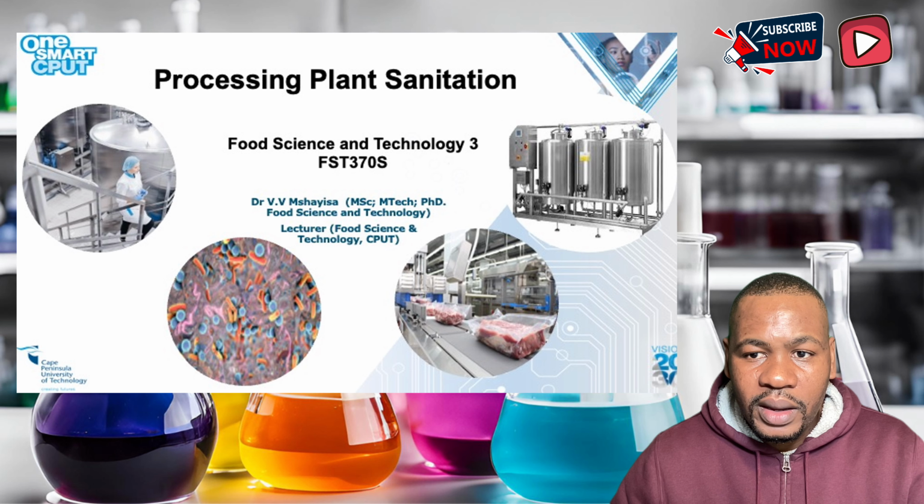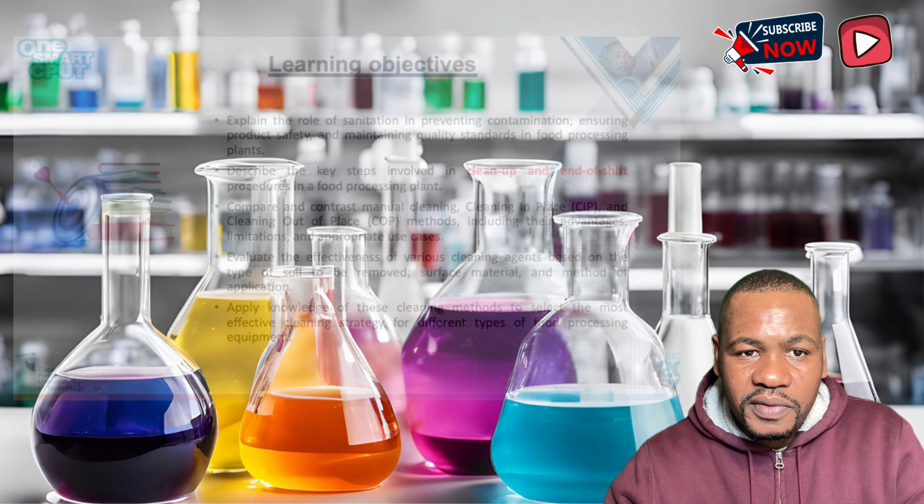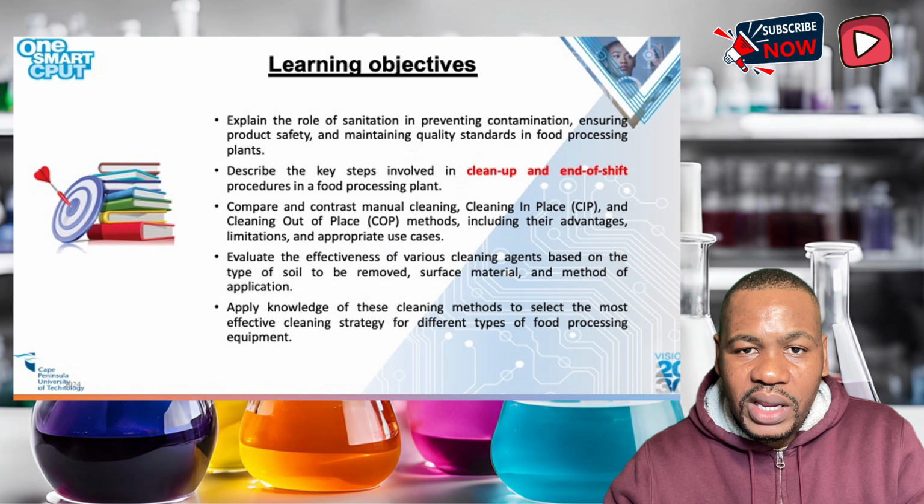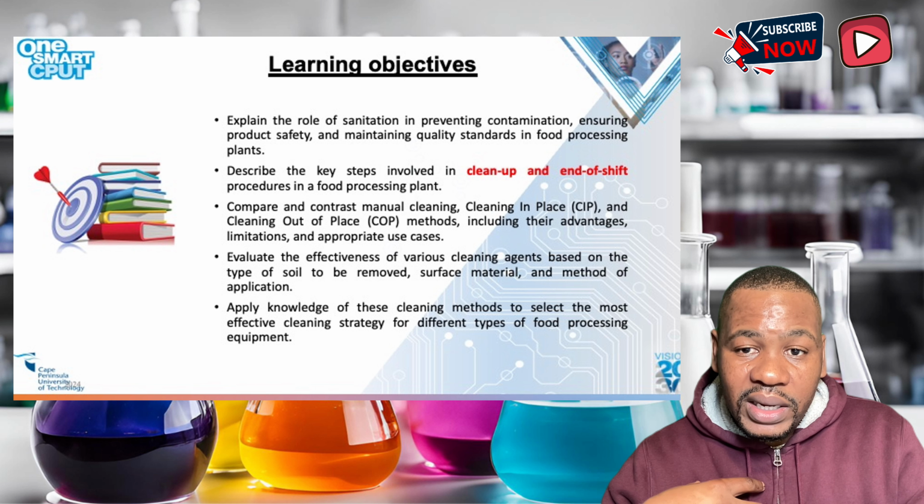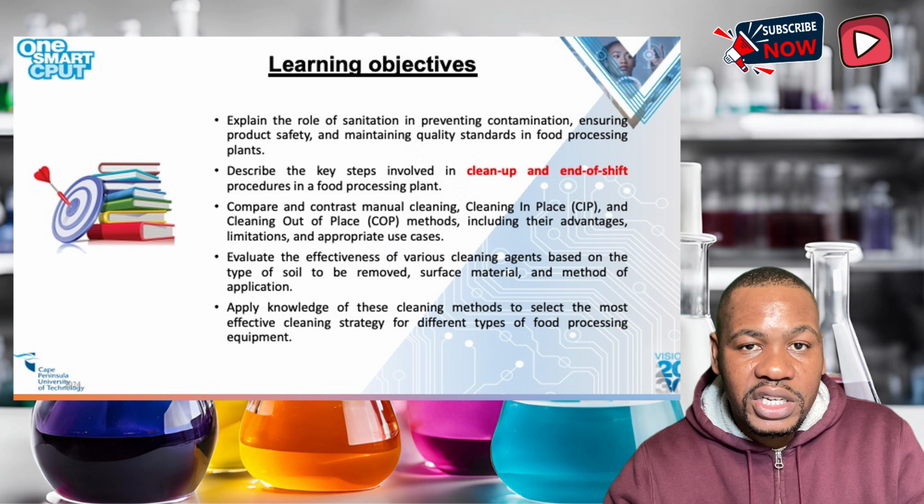So, what are the learning objectives of this chapter? What do we aim to achieve in this chapter? I think personally, I would like you as students to be able to understand and articulate the importance of sanitation in food processing.